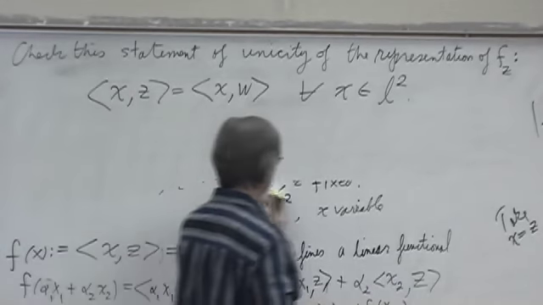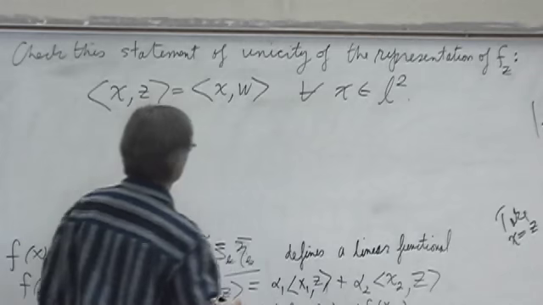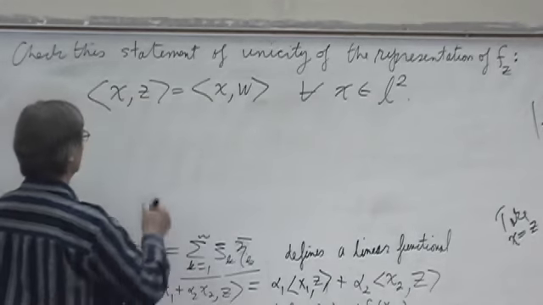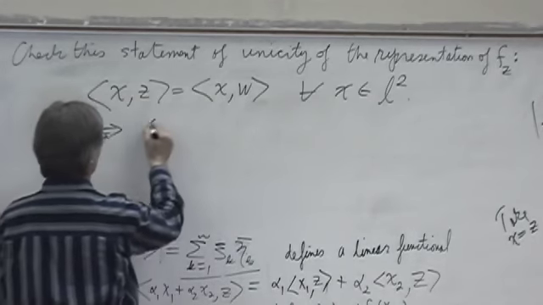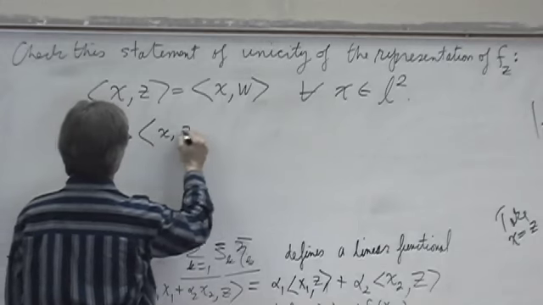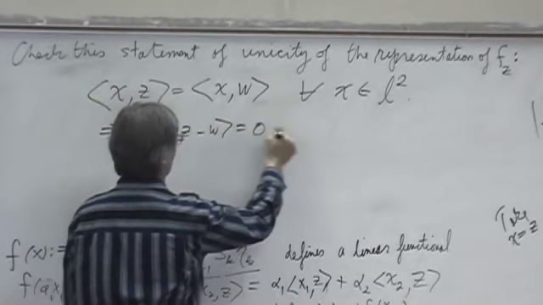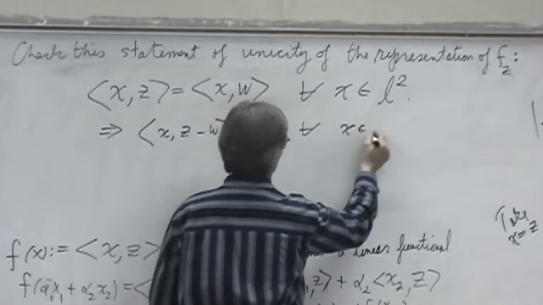For all x in L2, this implies then that x times z minus w equals 0 for all x.